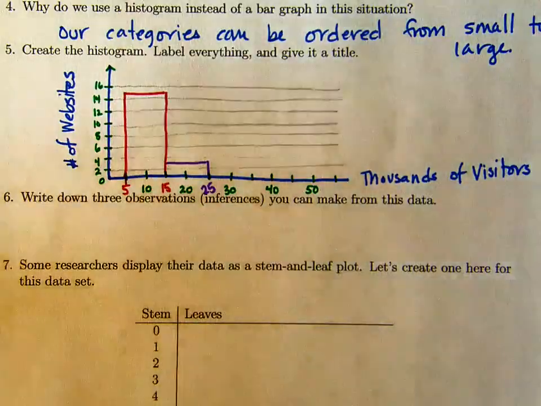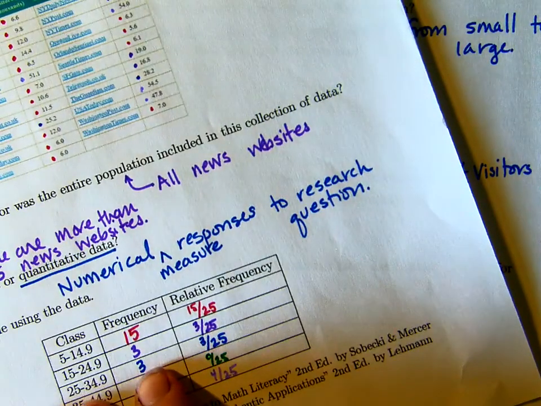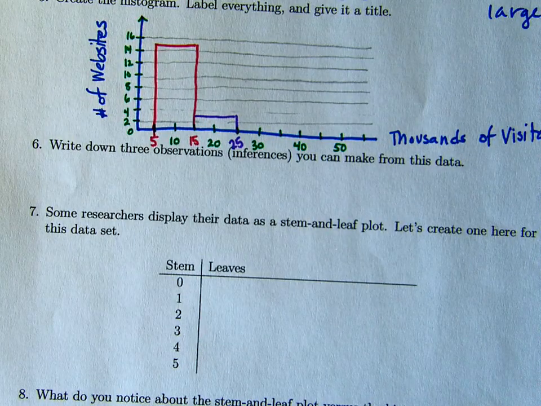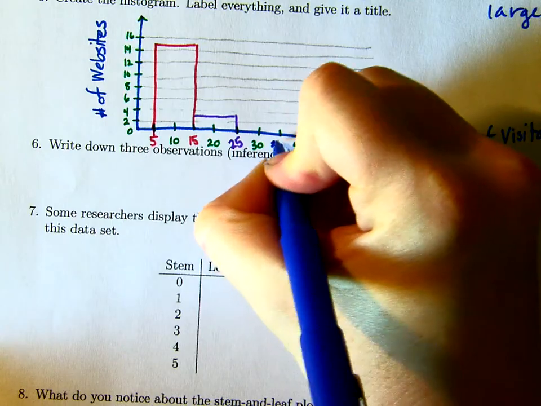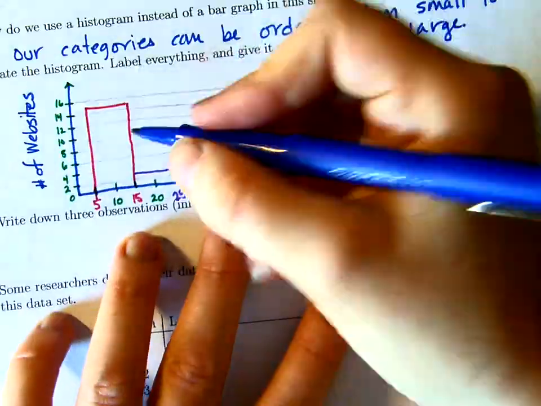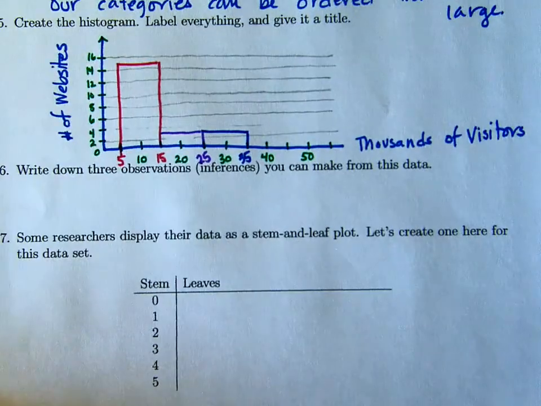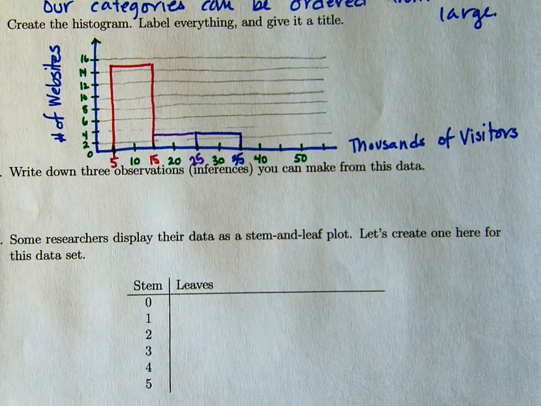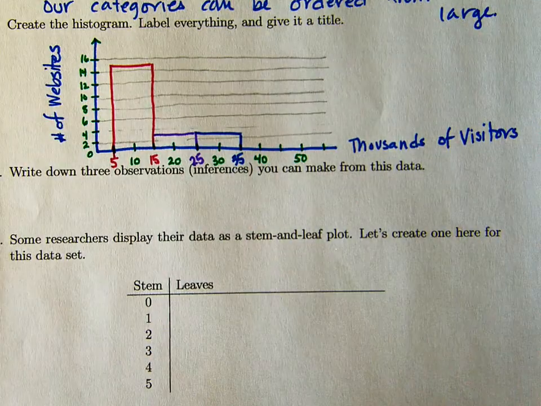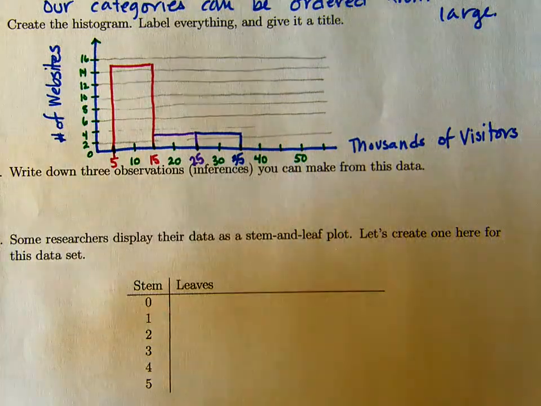And then from 25,000 to 35,000, there were 3 websites with that many visitors. Again. Okay, so here we are at 3 again. Got it. There's our bar for that, between 25,000 and 35,000 website visitors. Okay, at those 3 websites.